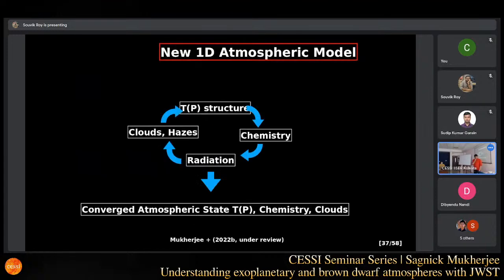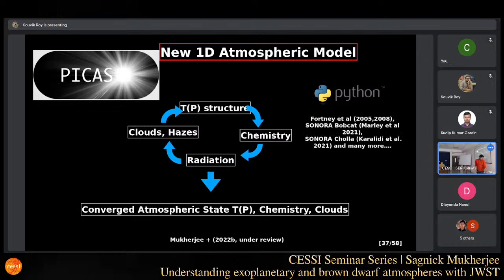To do that, we have developed an atmospheric model for brown dwarfs and exoplanets, which is called Picasso. And this would be made public soon. This is all Python based. And we, for the first time, have included dynamics self-consistently in an atmospheric model for exoplanets and brown dwarfs. Now, what does this model do?